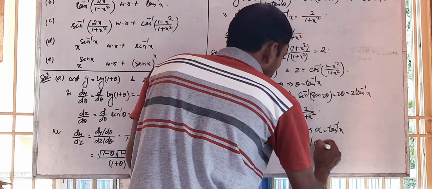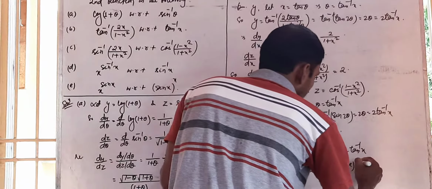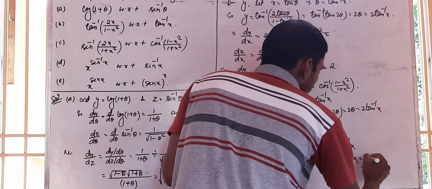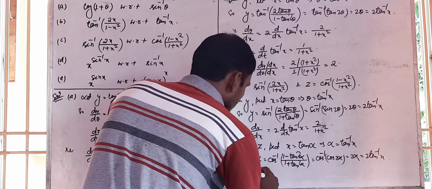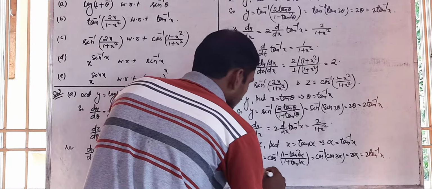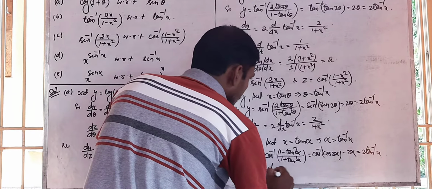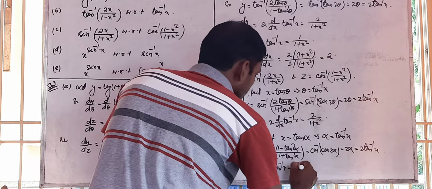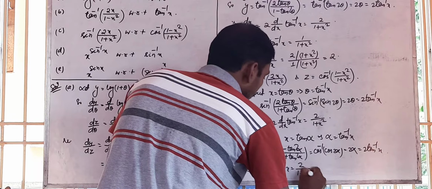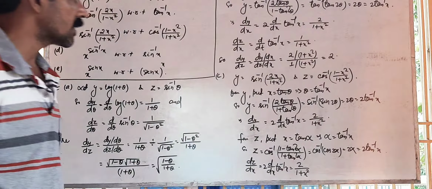This equals cos inverse of cos 2 alpha, that is 2 alpha, meaning 2 tan inverse x, and dz by dx equals twice d by dx of tan inverse x, and this is also 2 by 1 plus x square.